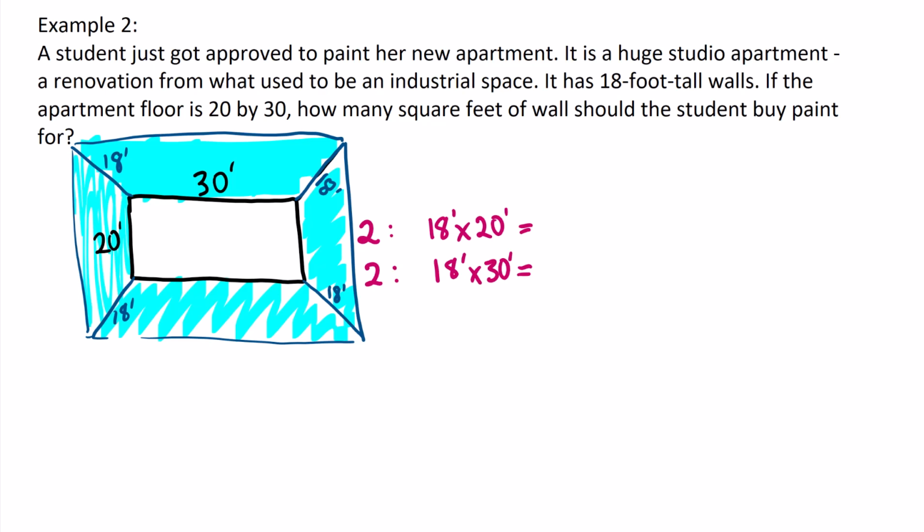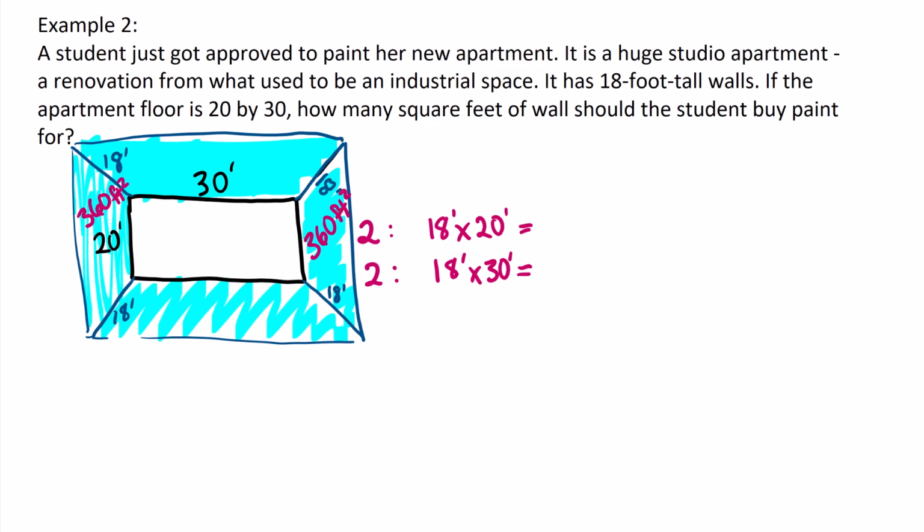The area of one of these walls, the 18 by 20, would give me 360 square feet. So both these sides are 360 square feet.